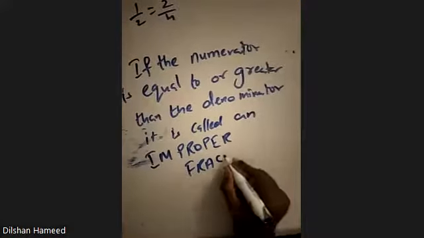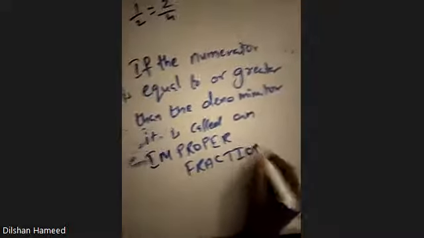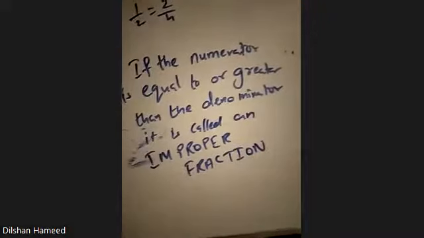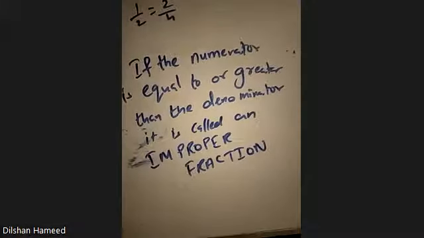If the numerator is smaller than the denominator, you call it a proper fraction. If the numerator is greater than the denominator, you call it an improper fraction. Okay.